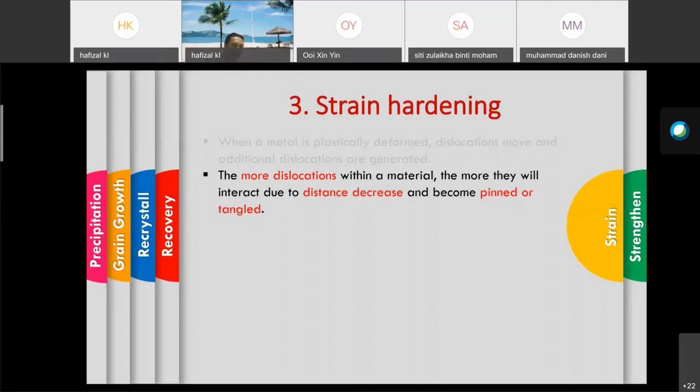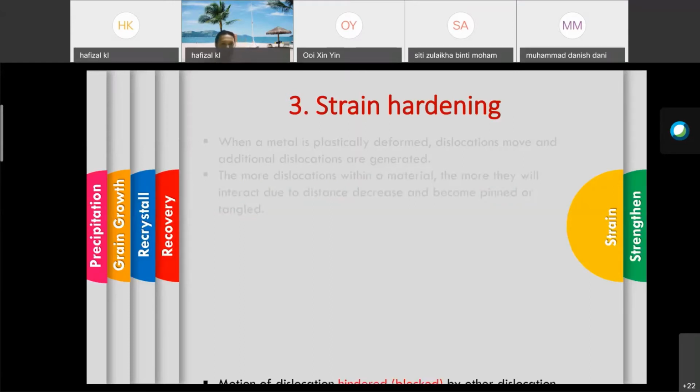The movement is everywhere because of so many dislocations, which tangle or pin each other, and finally make a dislocation block. Many dislocations happening at different angles will block each other.